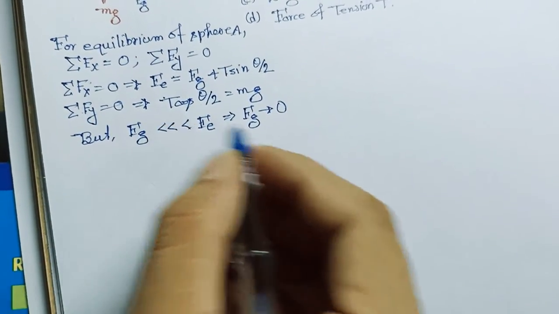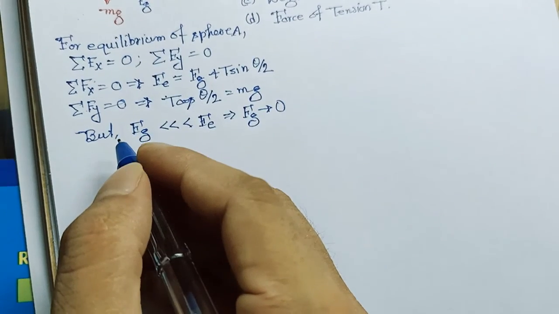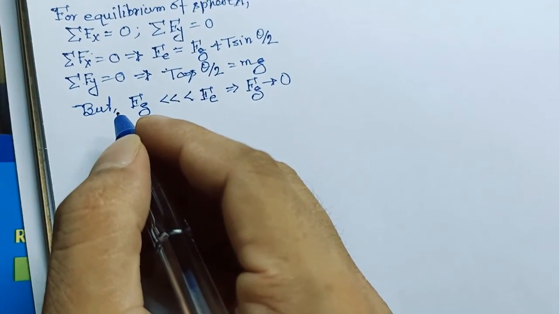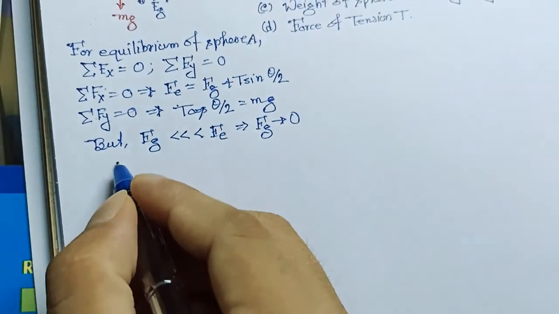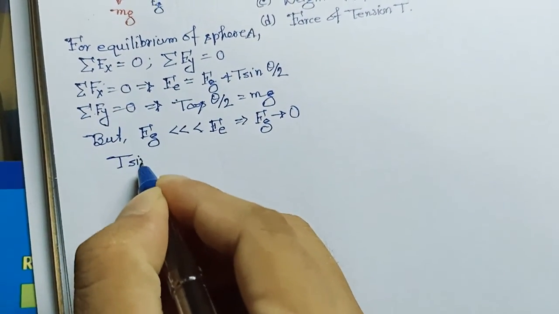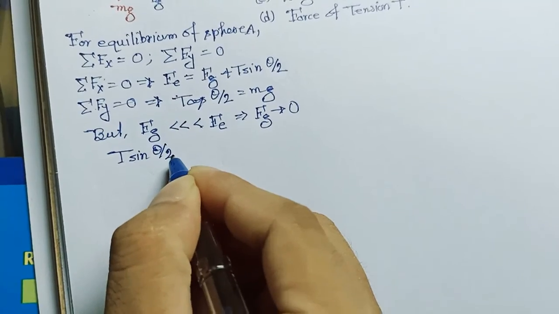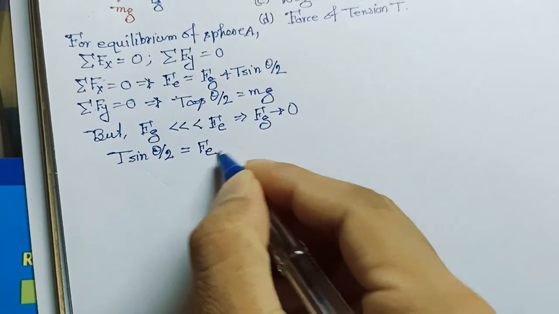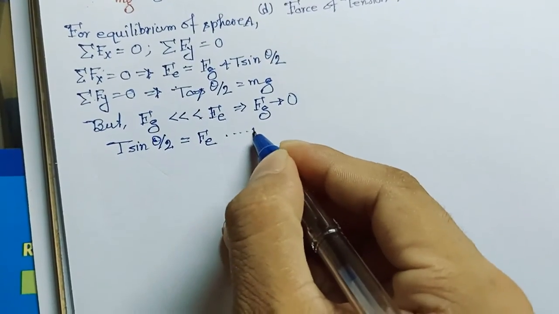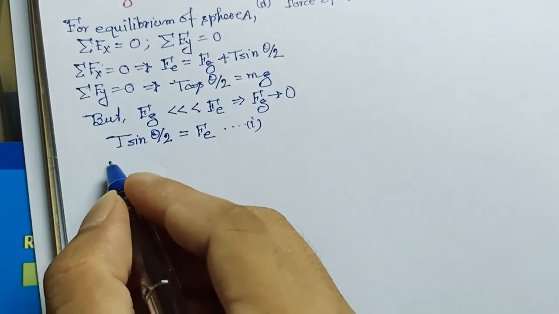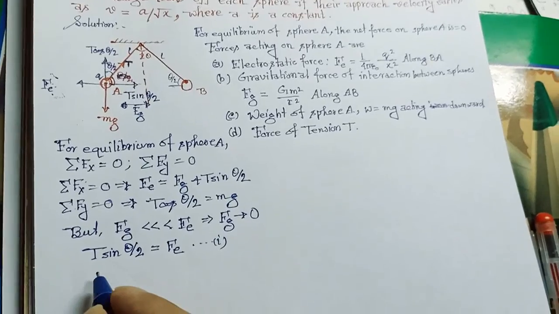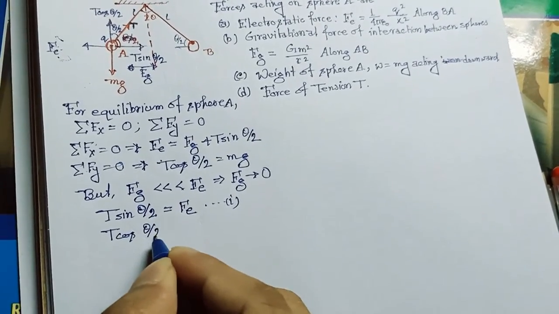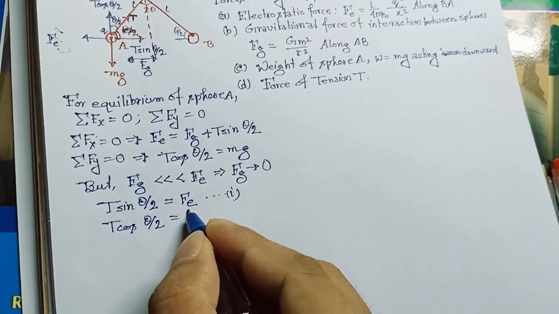If we neglect Fg, then our equation becomes T sin theta by 2 equal to Fe. Let this be our equation number 1. And for equilibrium in the y direction, T cos theta by 2 is equal to mg.